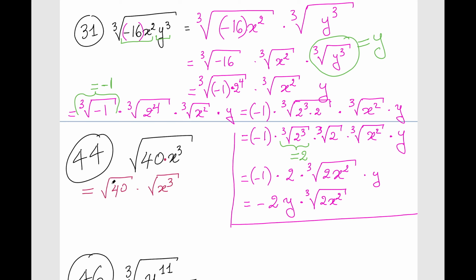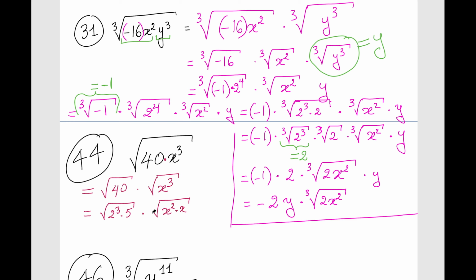Correct? And let's write the prime factorization of 40. Well, the prime factorization of 40 is 2 cubed times 5, right? And this guy is the square root of x cubed. And I can think about x cubed as x squared times x.